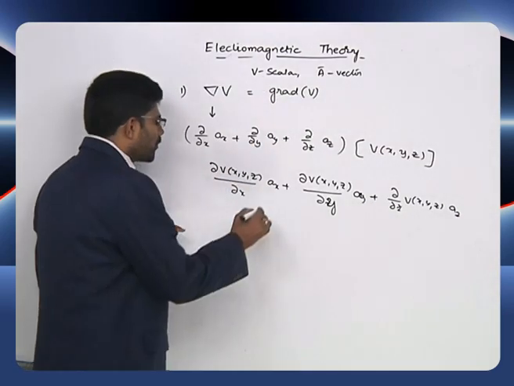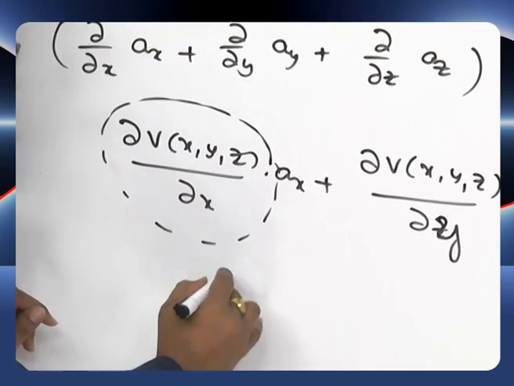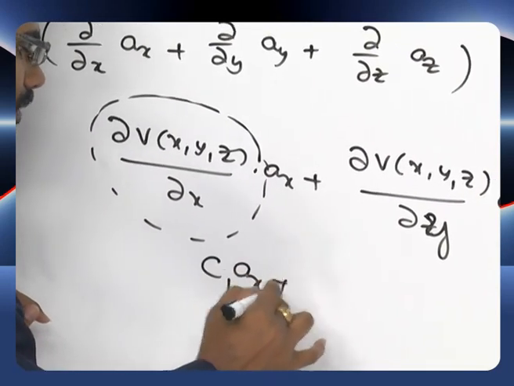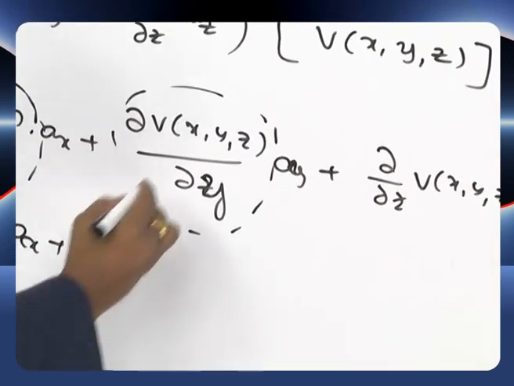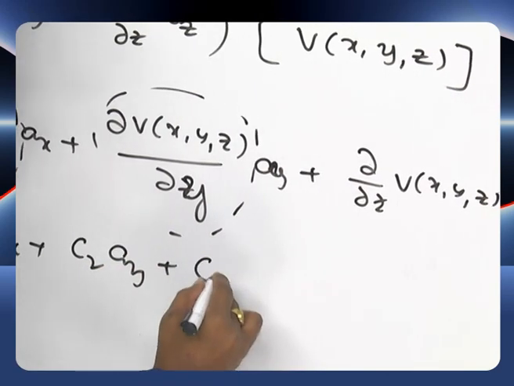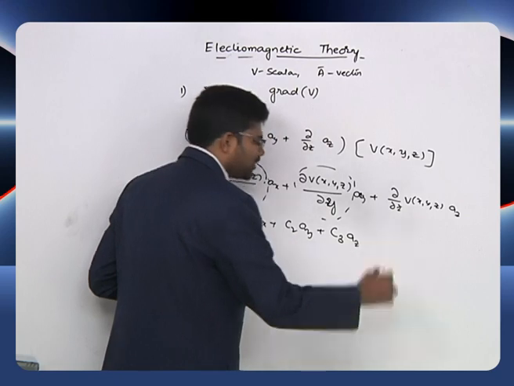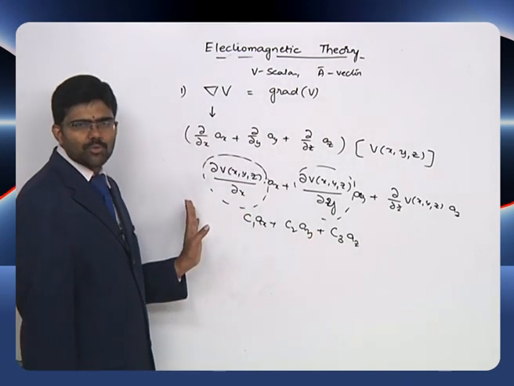Obviously after differentiation what we get is a constant or a function of x, y, z, let us take c1 a_x plus c2 a_y plus in the same way c3 a_z. That c1, c2, c3 may be constants or functions of x, y, z, right?